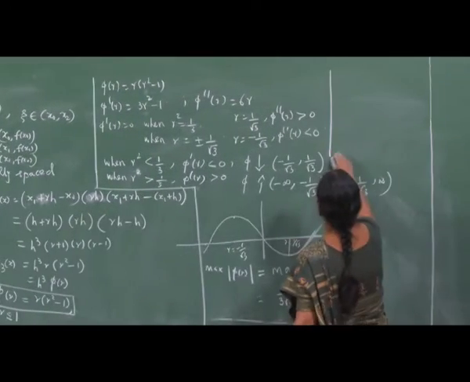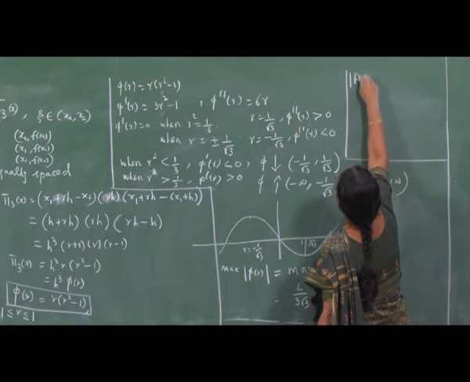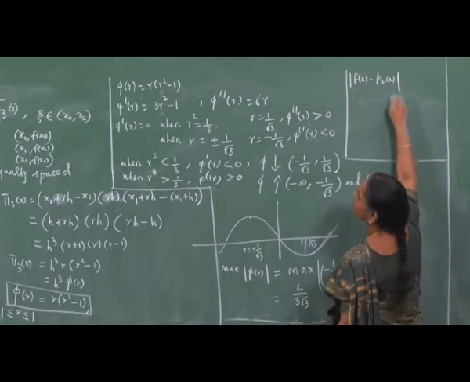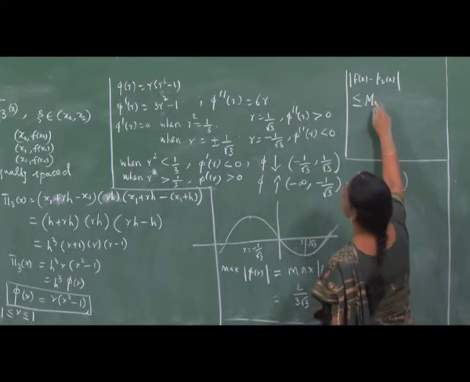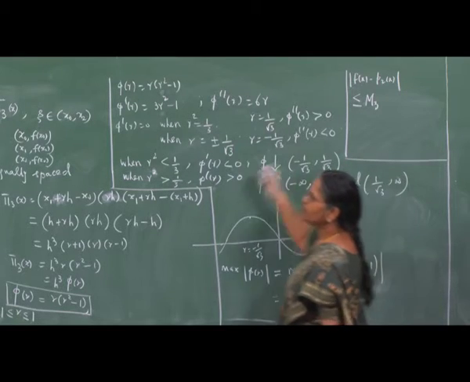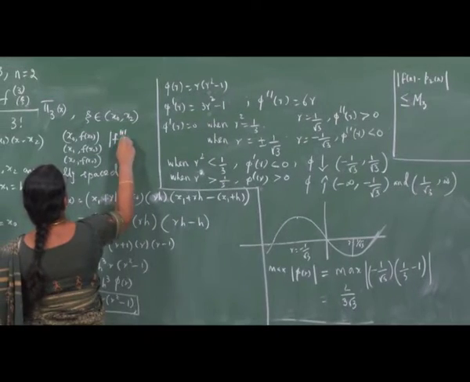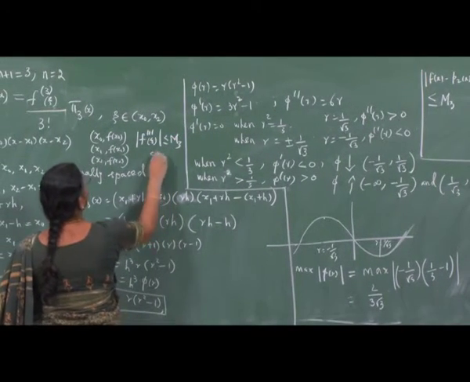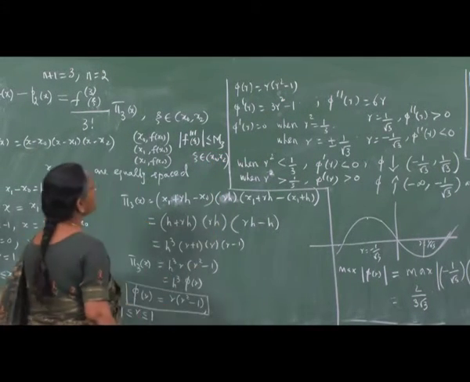So, let us work out the result here. So, modulus of f of x minus p 2 of x therefore, is less than or equal to m 3. What is m 3? Modulus of the third derivative of f is less than or equal to m 3 for psi in the interval x naught to x 2.